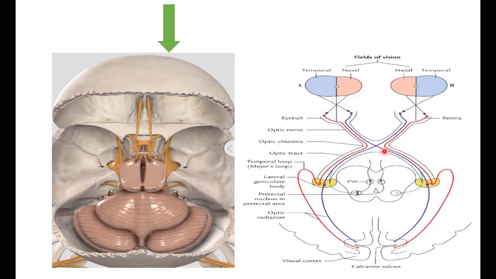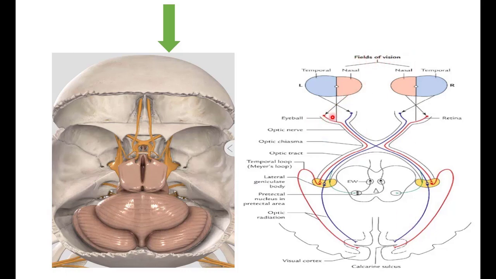Yes, optic chiasm. The middle region of the optic chiasm consists of the nasal part of the retina on each side, and the lateral part of the optic chiasm, in the red line, you can see this in this picture, are the lateral side of the retina that is responsible for nasal fields of vision.